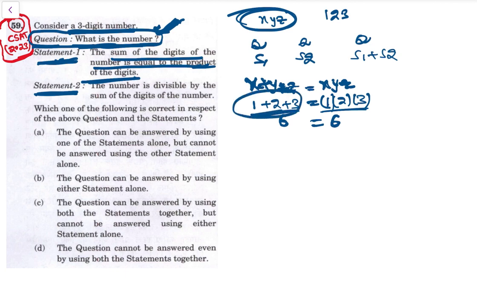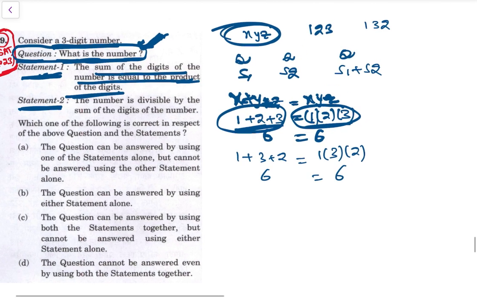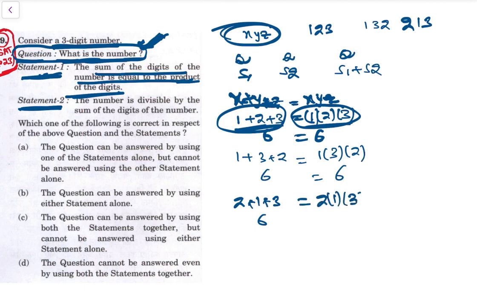Right, but can we say 1 2 3 is the only number? We can also write it as 1 3 2, where 1 plus 3 plus 2, sum is 6 and 1 into 3 into 2 product is also 6, so 1 3 2 is also a number. Then 2 1 3, so 2 plus 1 plus 3 is 6, then 2 into 1 into 3 is also 6, so 2 1 3 is also possible.